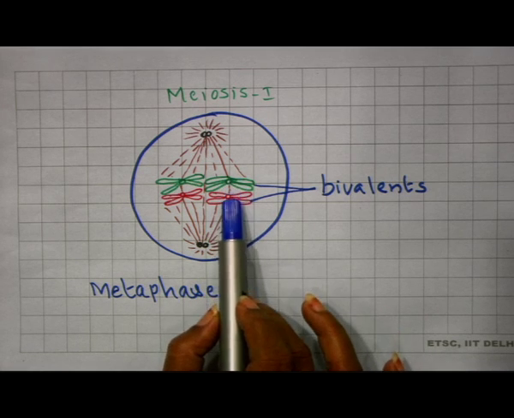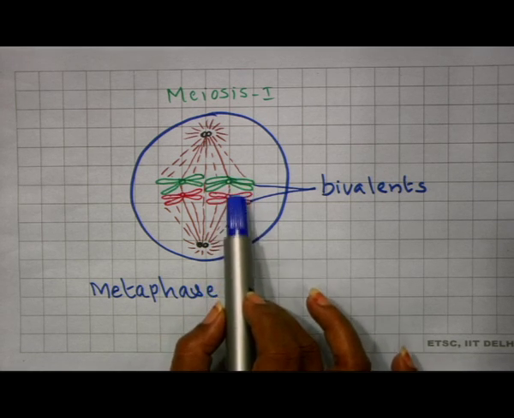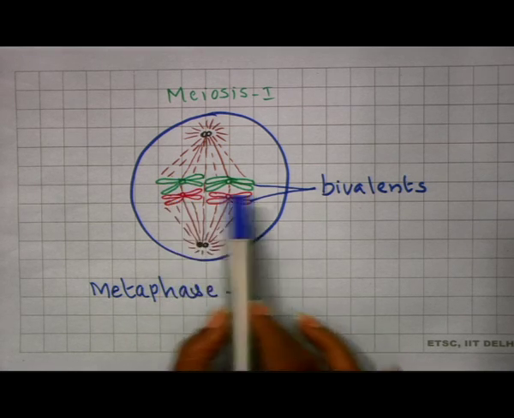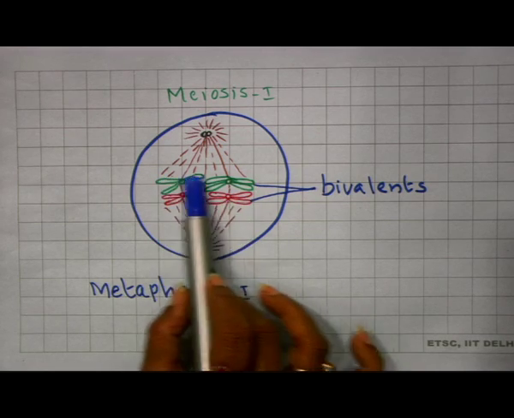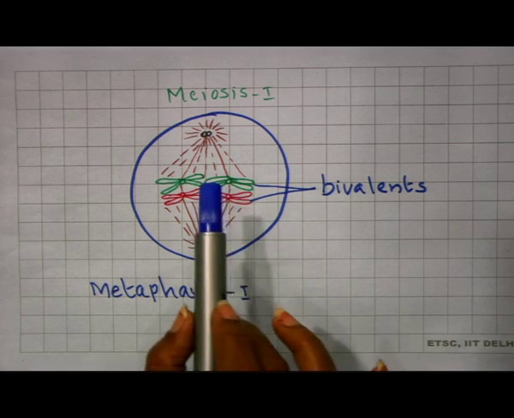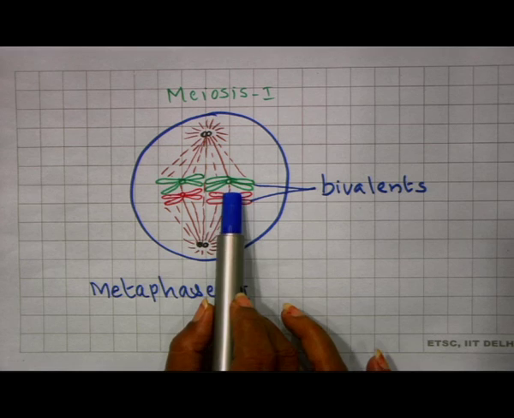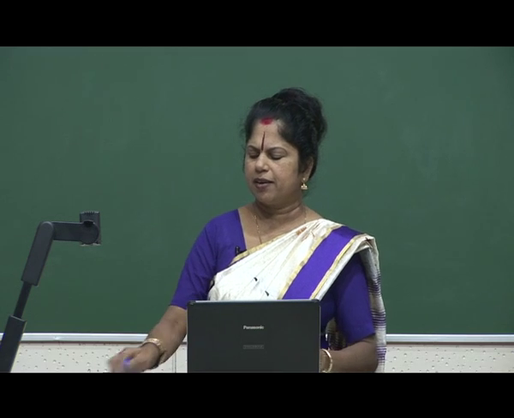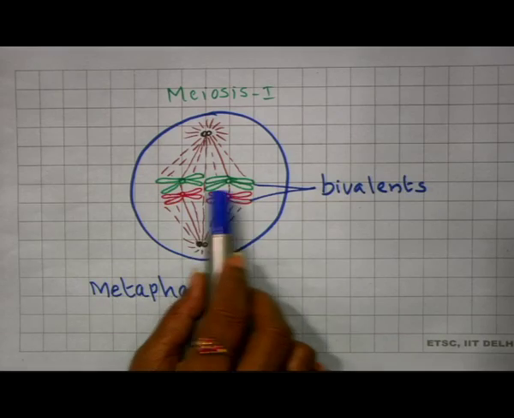This is one pair of homologous chromosomes and this is the second pair of homologous chromosomes. They are seen arranged exactly at the equatorial plate of the cell. So this particular stage is known as metaphase 1. Bivalents are arranged at the equatorial plate of the cell in parallel groups.